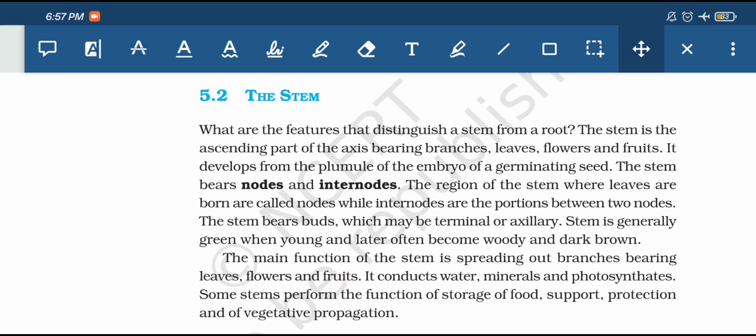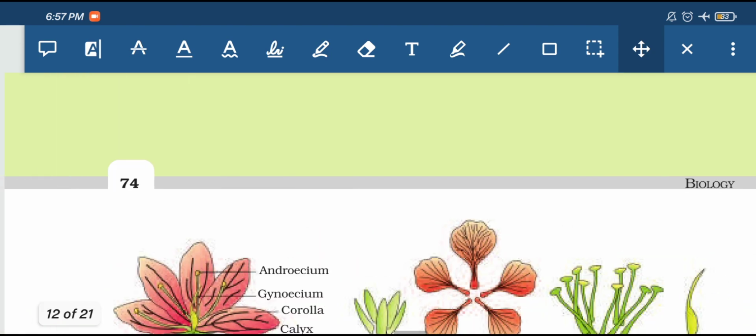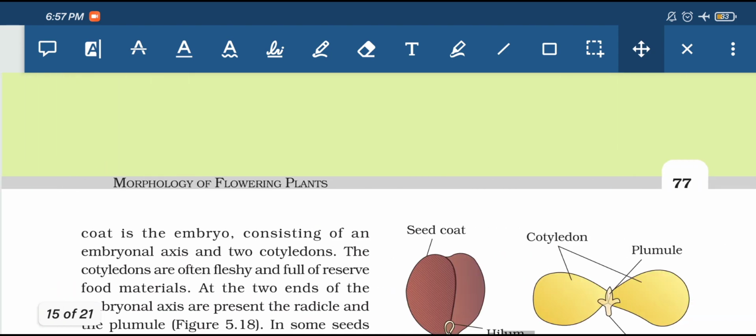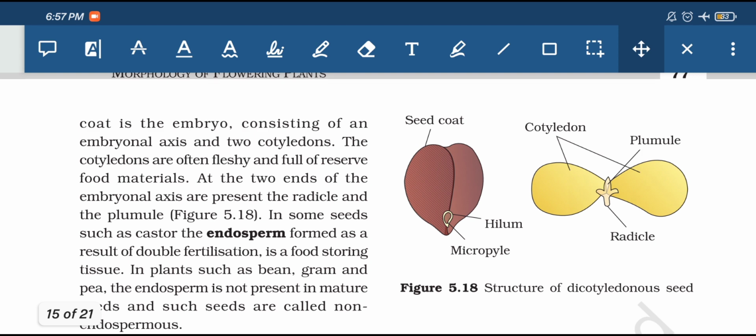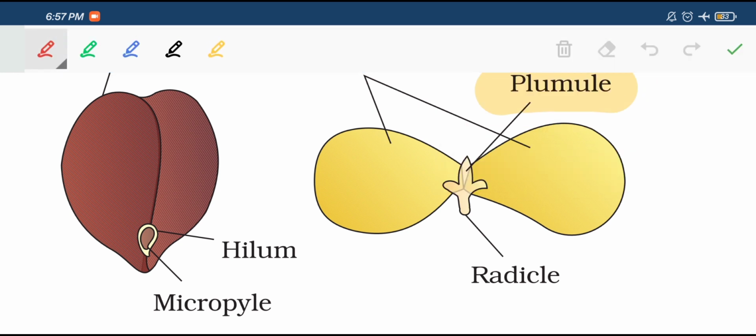See, if you take a germinating seed, I think it's given over here somewhere. Yeah, over here you can see in this image. See, if you take this as a seed, here this is plumule which grows into the coming up shoot system.